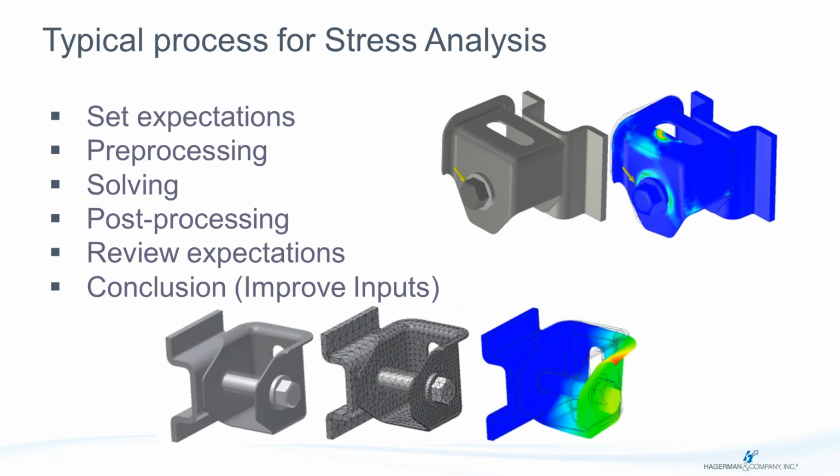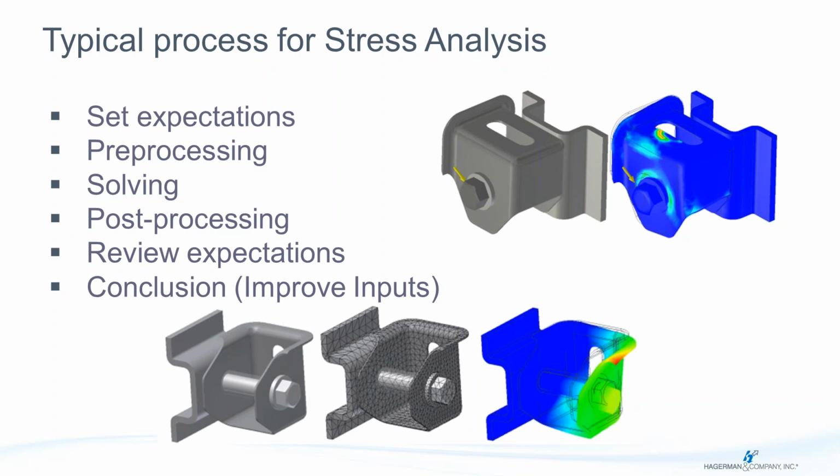First, we set our expectations, idealize the physical behavior using a conceptual model. In the pre-processing step, we define our material and boundary conditions, our loads, our constraints, and specify contact conditions and mesh preferences. In the solving step, we run the simulation to solve the mathematical representation and generate the solution.